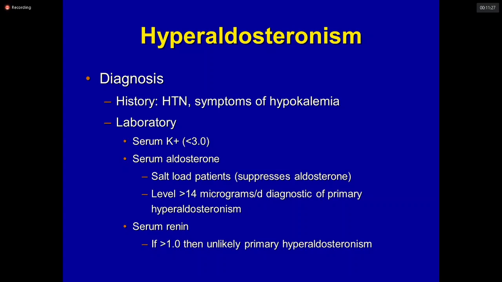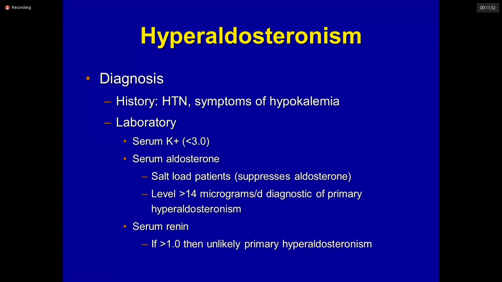In order to confirm the diagnosis, we have to do salt loading. As you remember, we said the action of aldosterone is mainly to maintain sodium and water balance. So that's the purpose of the elevation of the aldosterone. In order to suppress the aldosterone, we give good amounts of salt.